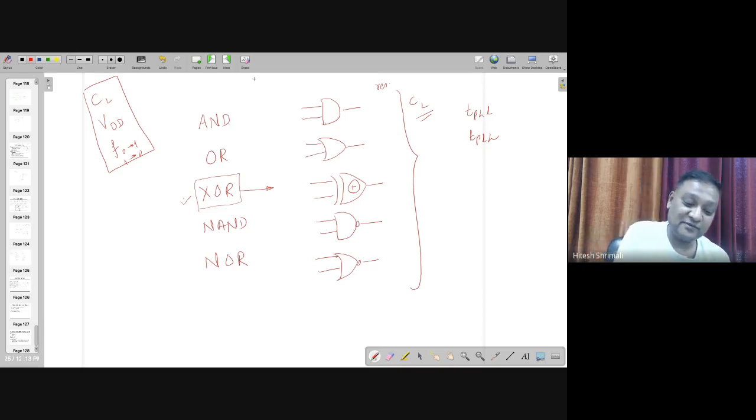By the way, as I am comparing such circuits in the same technology, VDD is also the same. So what do you think? The third factor is left. Can you think something in this direction?